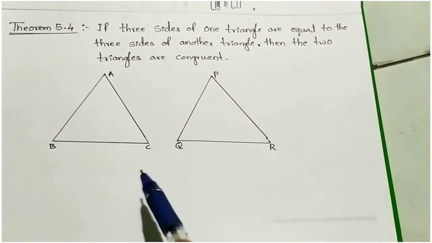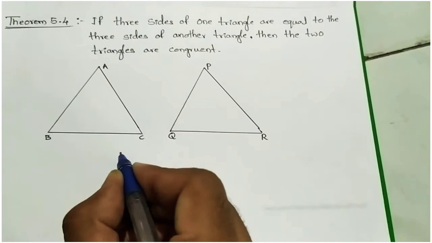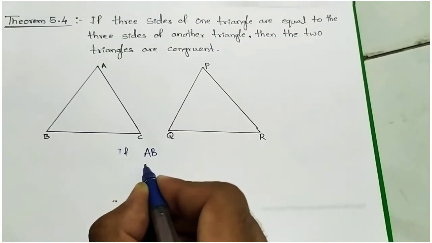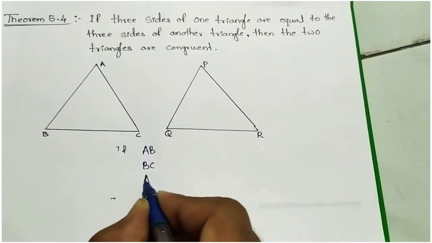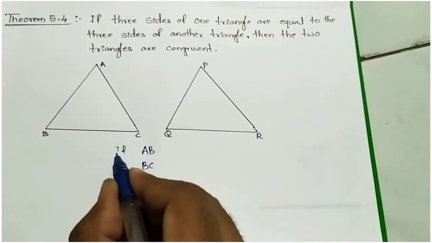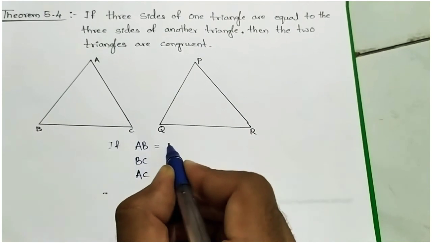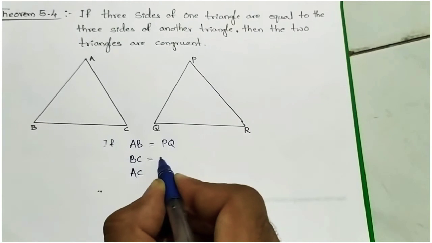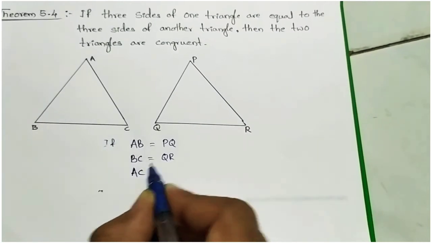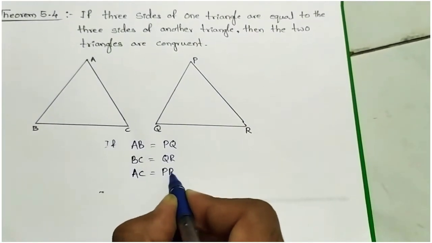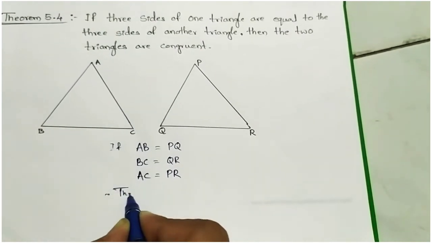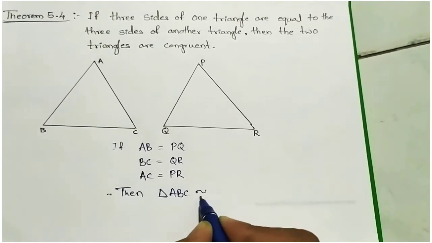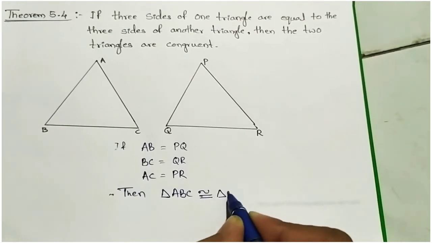If three sides of one triangle, so I'll write here. If AB, BC and AC in triangle ABC are equal to PQ, AB equal to PQ, BC equal to QR and AC equal to PR, then triangle ABC is congruent to triangle PQR.